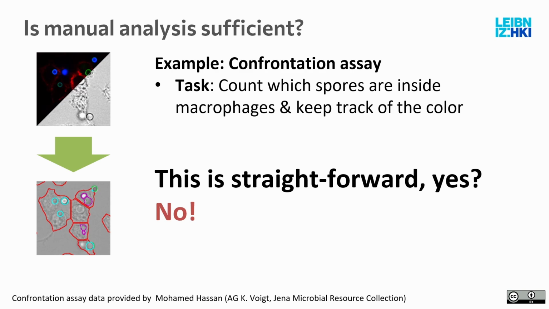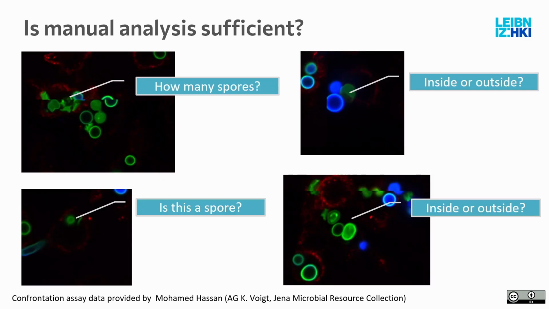And of course, you might think it is straightforward to do a manual analysis, but it's often not that straightforward, because you have all these weird issues going on with these images, where you're not entirely sure what is actually happening there, and if it's that or this. For example, I picked out some here.